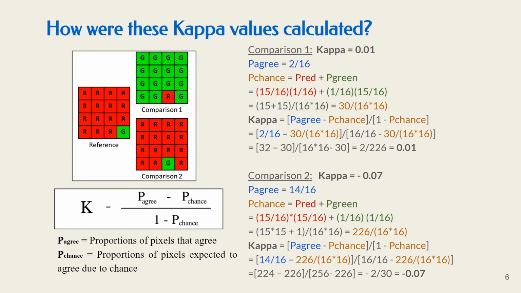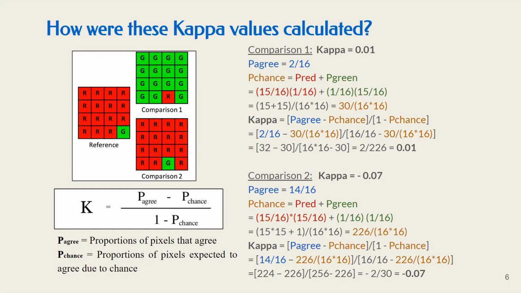P chance is where a randomness element is introduced to the kappa statistic. Further, we get a negative kappa for comparison 2 because the actual agreement between pixels is less than the random agreement kappa has calculated. Ideally, the probability of each pixel being red or green should be 0.5 or 50%.